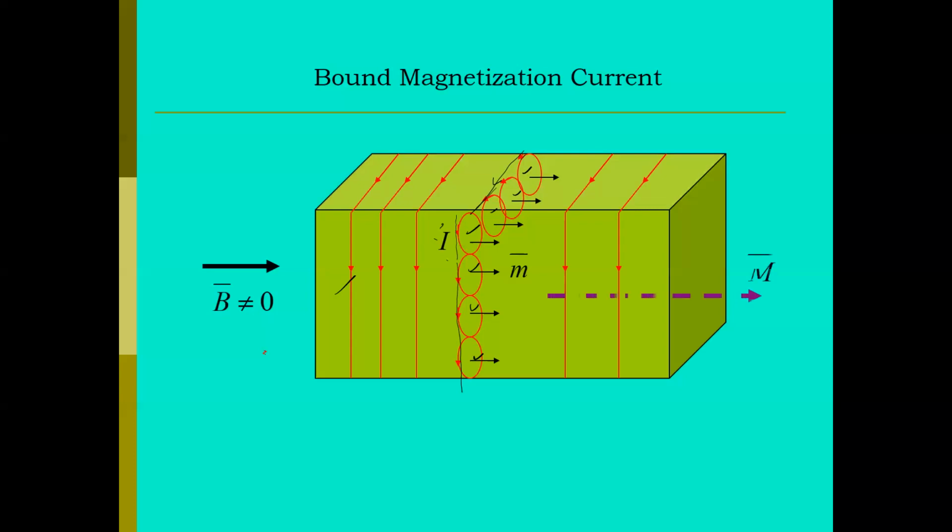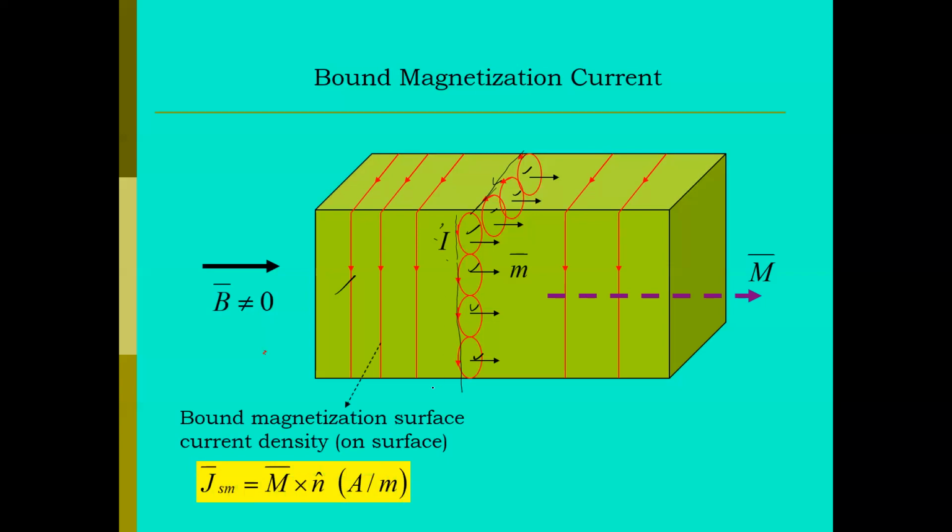That's why we call this current a bound magnetization current. We have two types of current related to this. The first one is called the bound magnetization surface current density, which is located on the surface of your material, denoted by the vector J_SM, where SM stands for bound magnetization surface current density.